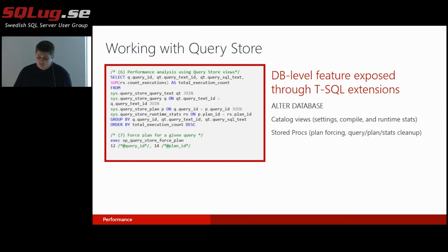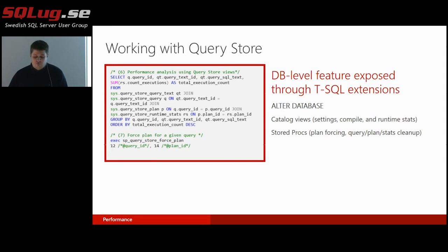And then if you don't like the reporting tool that Microsoft provided, but I think it's actually very good and from a visual point of view really can help you, then you can write your own views to display relevant information. I will show you some views I already found to show how it works. But at the end, you can also do forcing your plan.